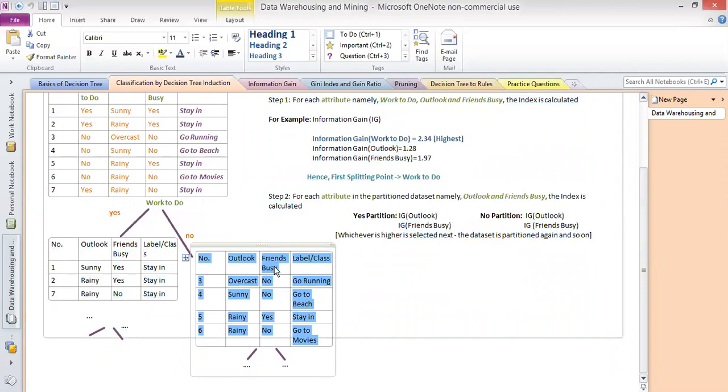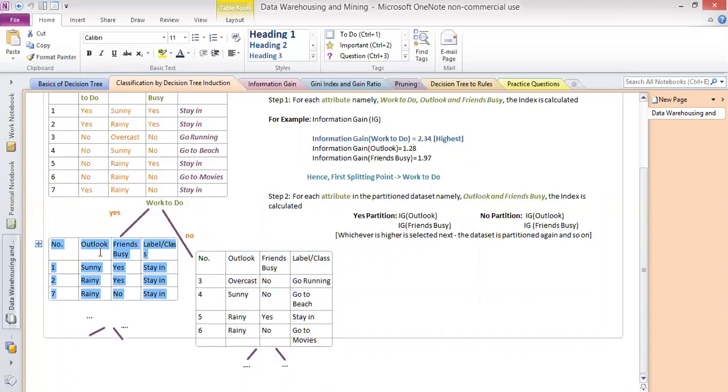There can be a possibility that on the left hand side you get the information gain for outlook as higher, whereas on the right hand side you get the information gain of friends busy higher. So on the left hand side you take up outlook first, and on the right hand side you take up friends busy first. It depends completely on the value calculated using whichever index you are selecting.